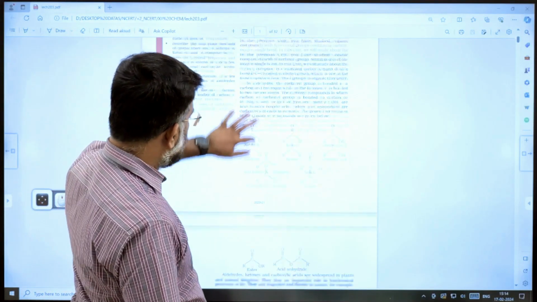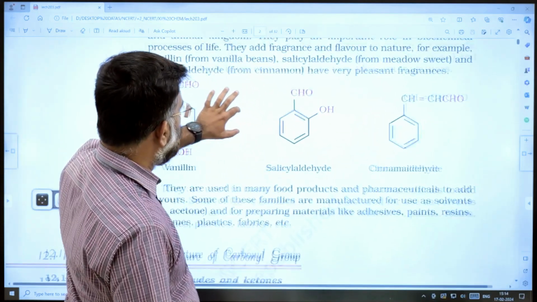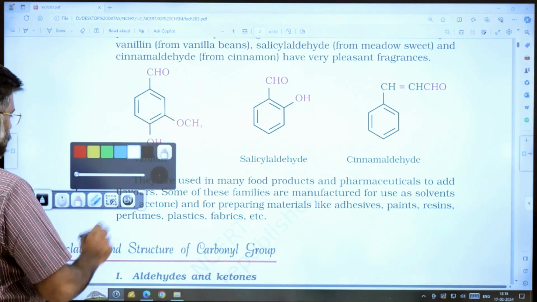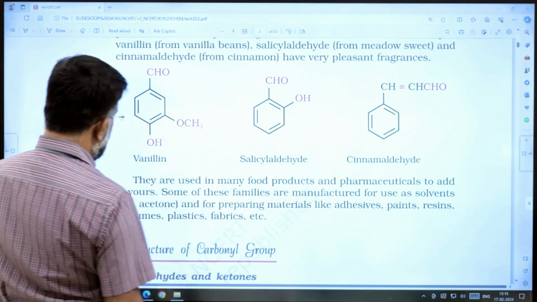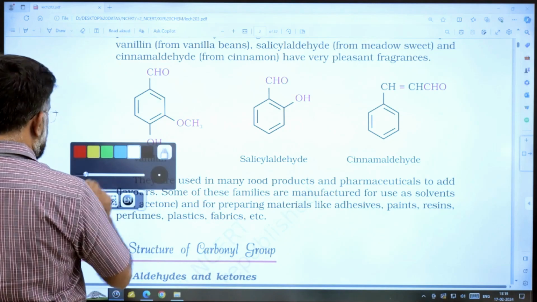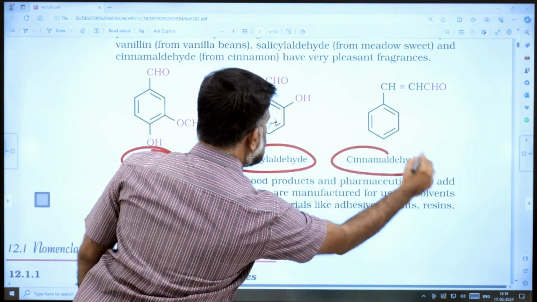That is what is dealt with in the introduction portion, and a few important compounds are also dealt with, like vanillin, and there is a talk on salicylaldehyde, cinnamaldehyde.